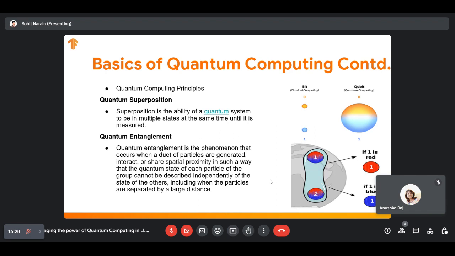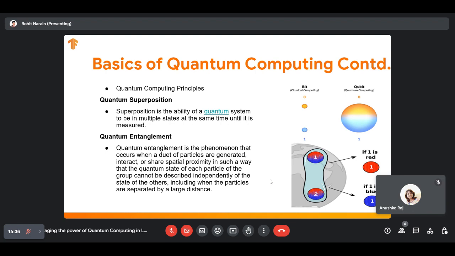And a second example we can see is, if you just toss a coin, according to mathematics or normal classical computing, when you flip a coin, you can just say a head comes or maybe a tail comes.